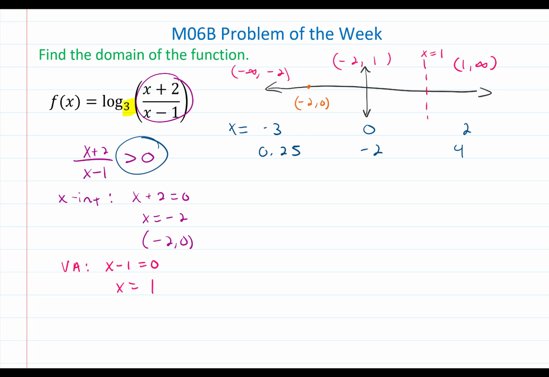So the solution to the inequality is going to be the first interval, negative infinity to negative 2, and the last interval, which is from 1 to infinity. And the solution to the inequality is the domain of the function. So the domain of the function is negative infinity to negative 2 union 1 to infinity.